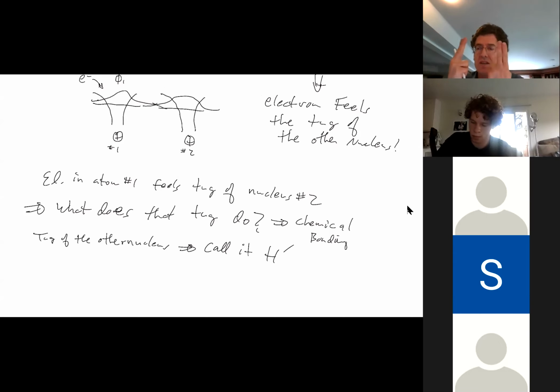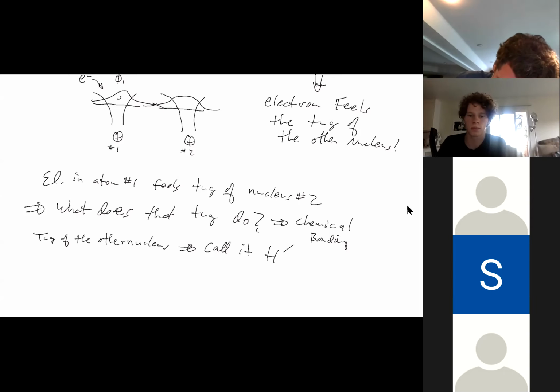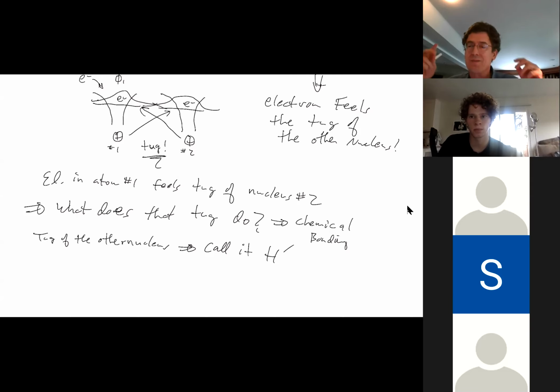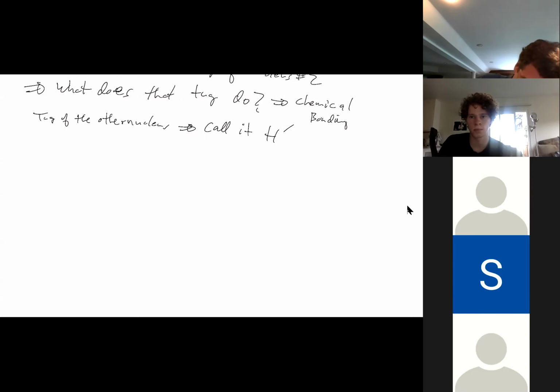As the two atoms come together, the electron in this atom feels the tug of that nucleus and vice versa. That's the tug I'm talking about, and that tug is the perturbation, H prime. And so then what happens?